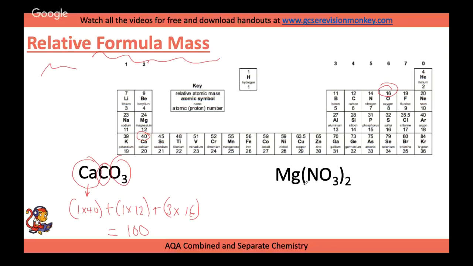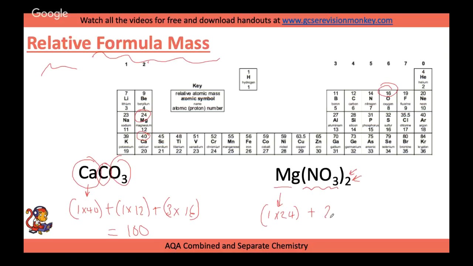For this one, I just wanted to put a difficult one on because if you see anything in brackets, that's multiplied by the number outside the bracket. So magnesium, there's just 1 of those. And I'm just getting the 24 from here. There's just 1 of those. And all of this in the bracket needs to be multiplied by 2.